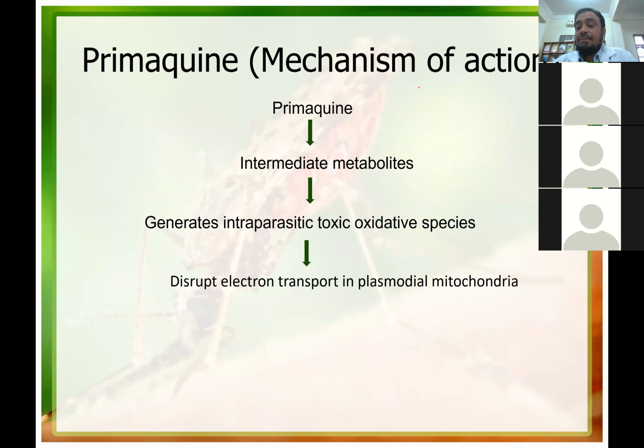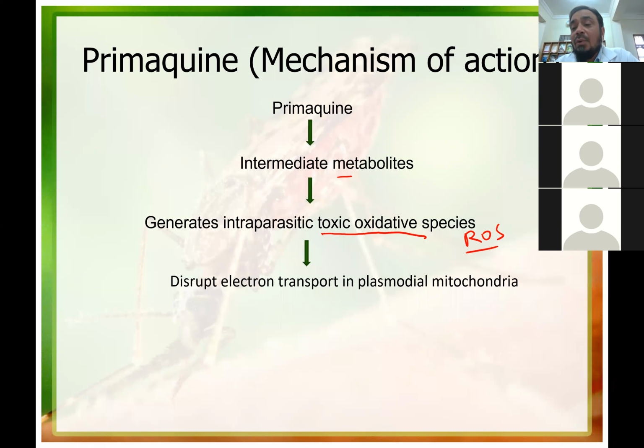Now coming to primaquine. The mechanism of action of primaquine: the intermediate metabolites formed from primaquine in the liver generate toxic oxidative species or reactive oxygen species. These disrupt the electron transport in the plasmodial mitochondria.